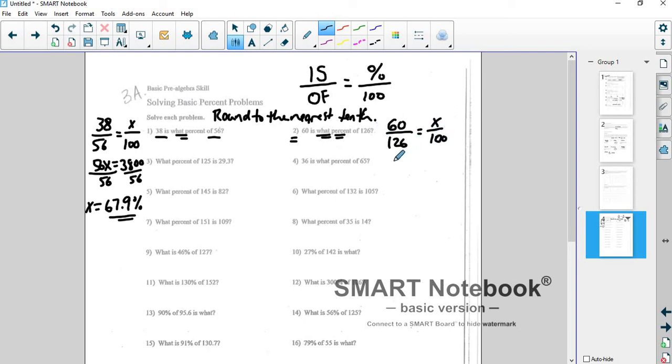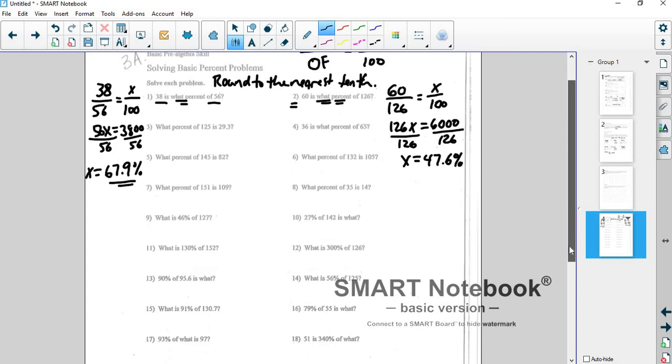Same idea, cross multiply, you get 126X equals 6,000. Divide by 126. You get 47.619 and so on, so X is equal to 47.6. Again, percent.